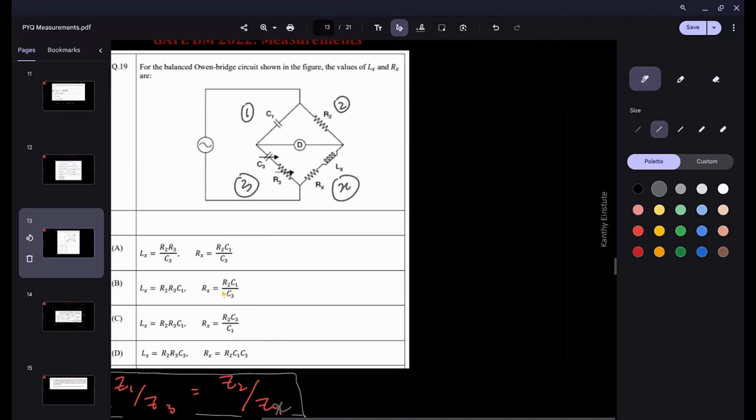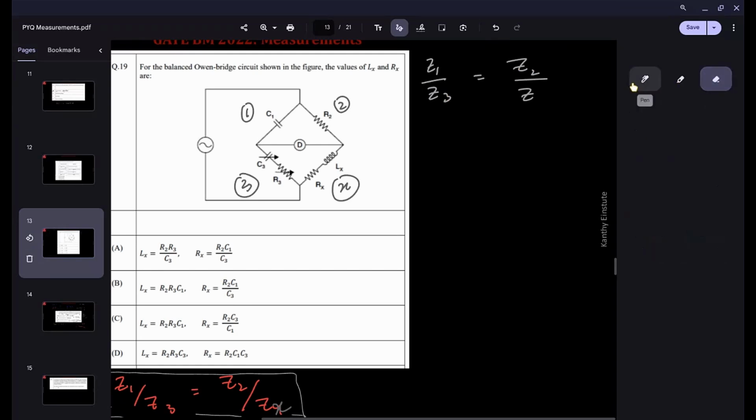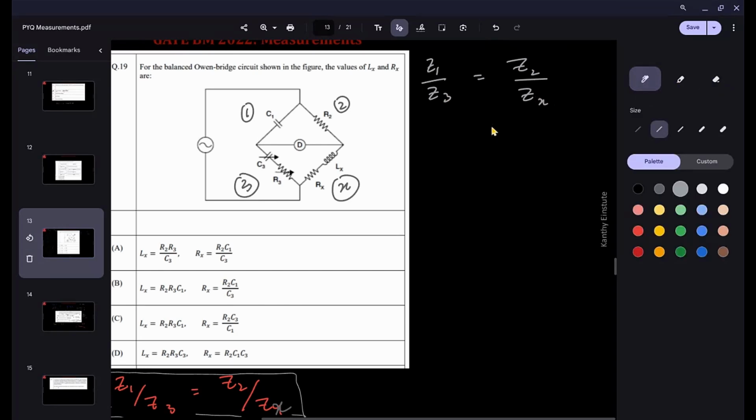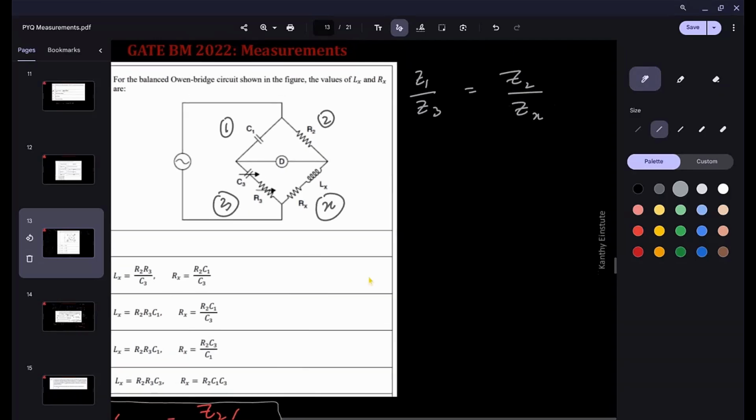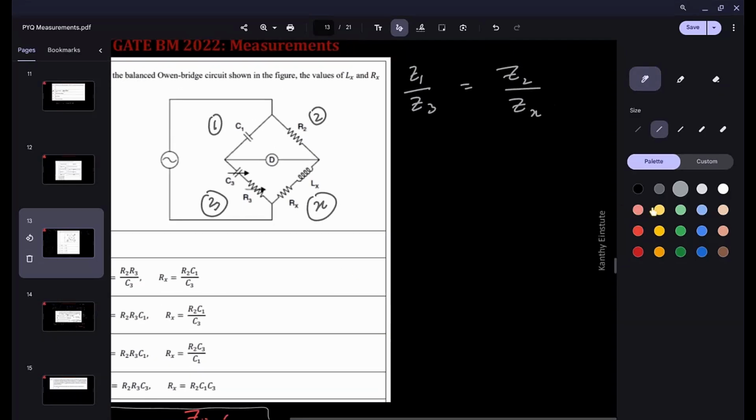Fine. So can you write it and tell me, can you answer this? At least let me help you with this. Z1 by Z3 equals Z2 by ZX. This implies Z1 is 1 by J omega C1.